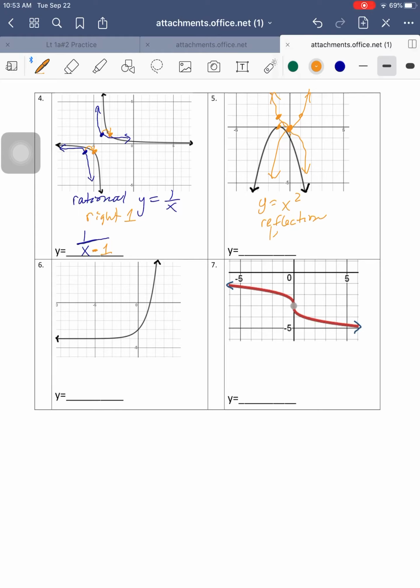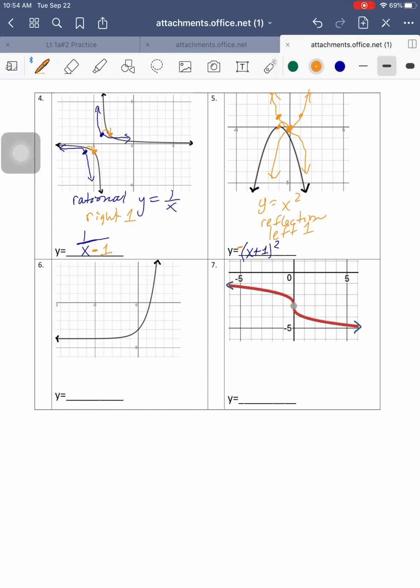That just gets moved left 1. So in the equation, we have x squared, and with the x, left 1 would be plus 1 squared. And you're like, hey, Mr. J, you totally forgot the reflection. Yeah, the reflection right after the equal sign is a subtraction, and that will be the graph there.